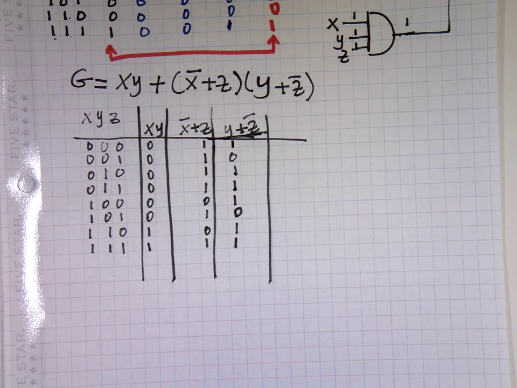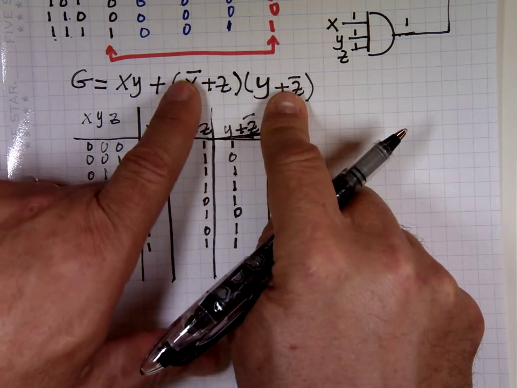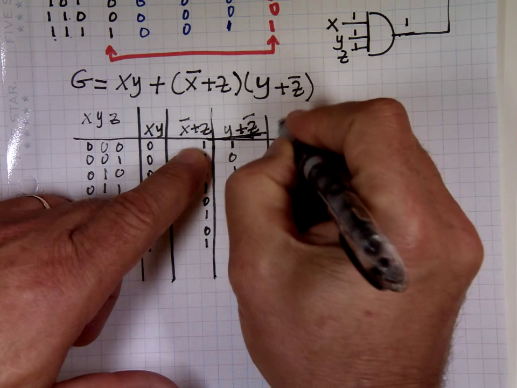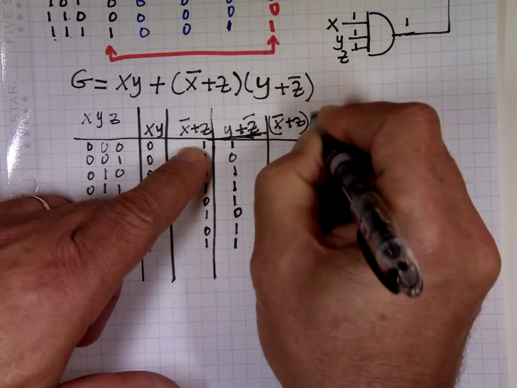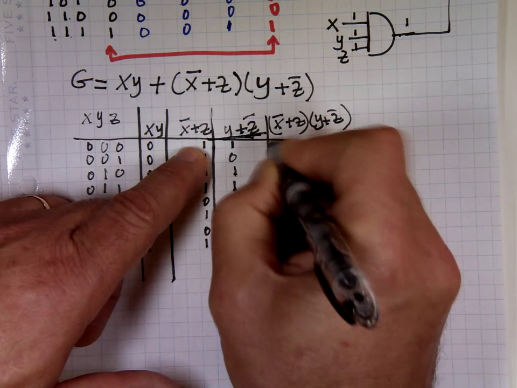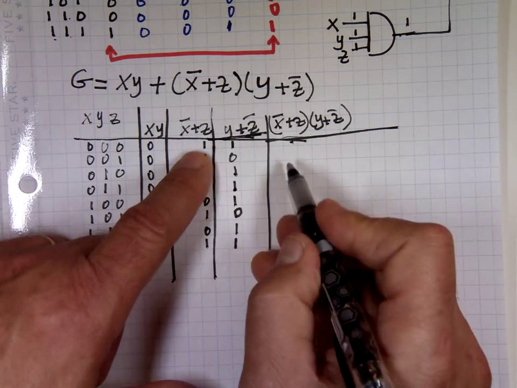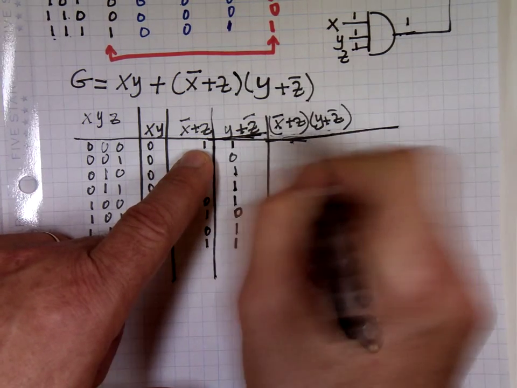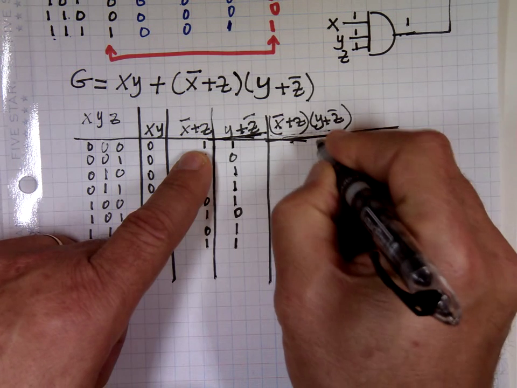The next one says take this column and this column, and AND them together. Let's AND them. Let's make sure I stay on the same line. What is 1 and 1? That's an AND. 1.